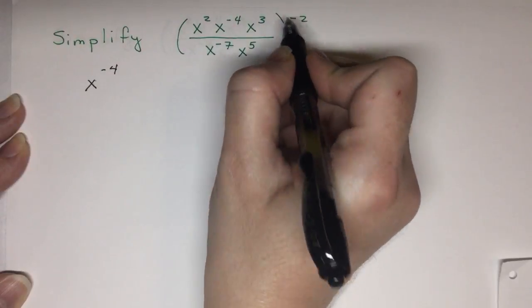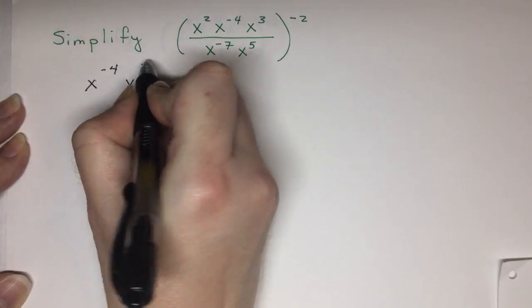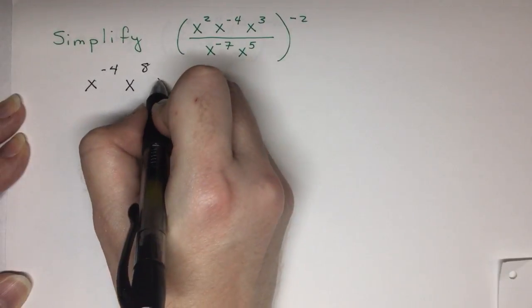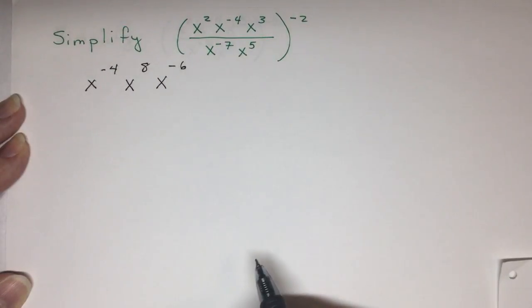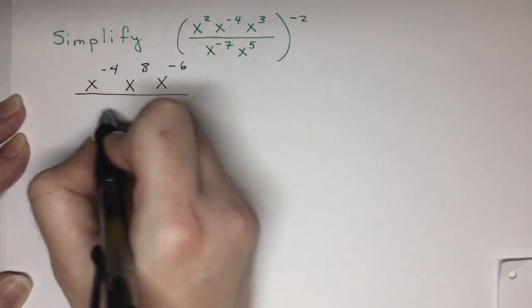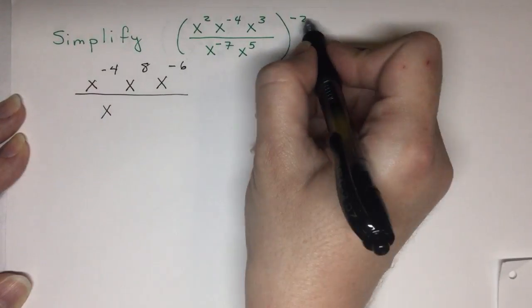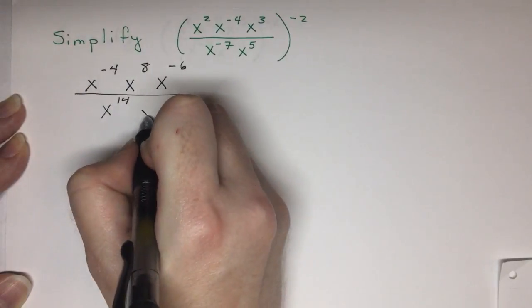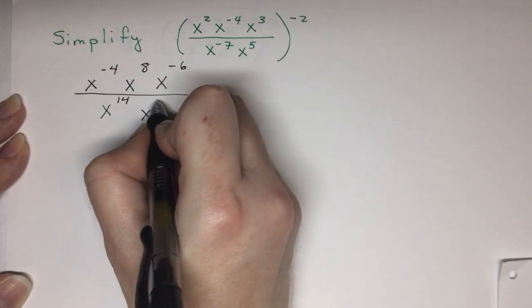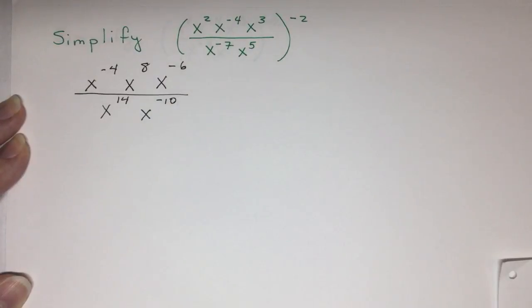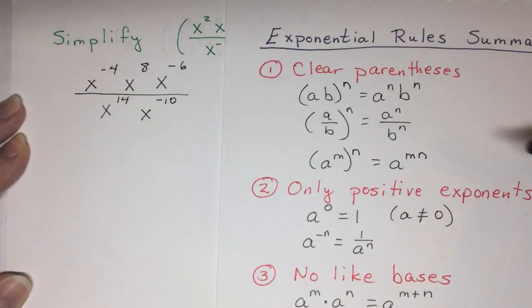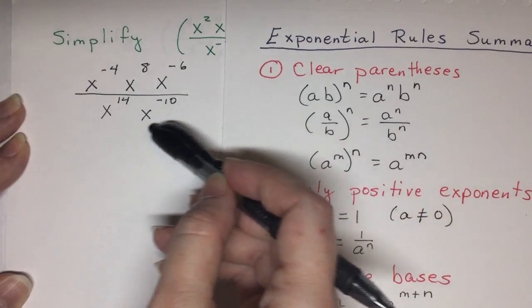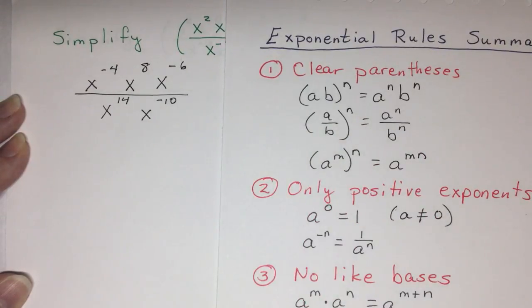X to the negative 4 times negative 2, x to the positive 8. X to the 3 times negative 2, x to the negative 6. Over x to the negative 7 times negative 2, positive 14, x to the 5 times negative 2, negative 10. Now, I've used all 3 of these rules in that step, and at the end of that step, no parentheses.